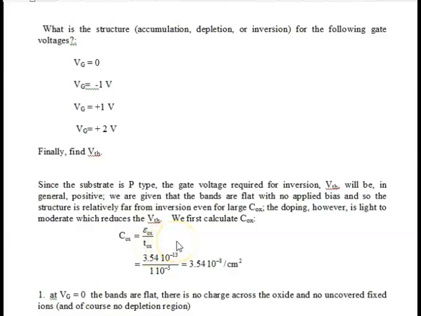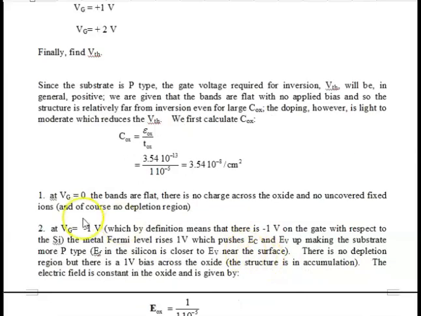Again, this is the areal capacitance, so the units are farads per square centimeter, and the oxide permittivity is here, and the oxide thickness is 10 to the -5th, so we get a relatively small value for the gate oxide capacitance.